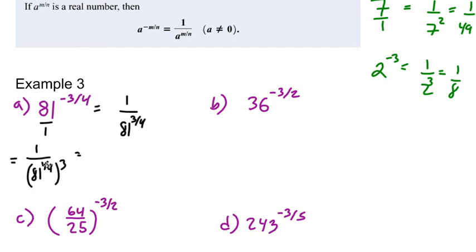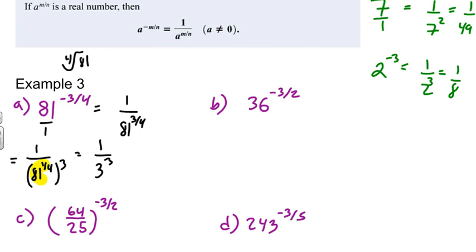Well, again, that means the 4th root of 81. I'm not going to be able to write that every single time here, but if you want to rewrite that as the 4th root of 81, you can. That's what this means right here. The 4th root of 81 is 3, so I can make that now 3 to the power of 3. See what I just did there?